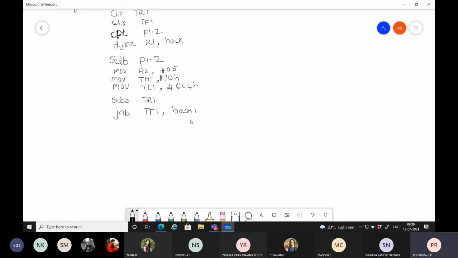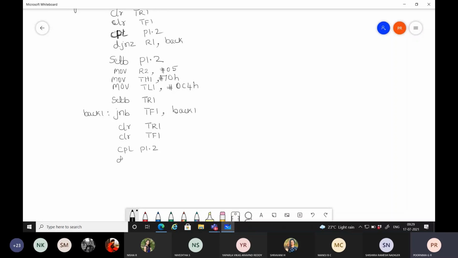So these labels when you are using, please remember the same labels you cannot use for multiple loopings. You keep changing the label names. Back 1, let me write the same instruction. This has to be repeated how many times? 5 times. So therefore, once it comes out from the looping, you need to clear the timer and clear the overflow flag, and you have to complement the P1.2.